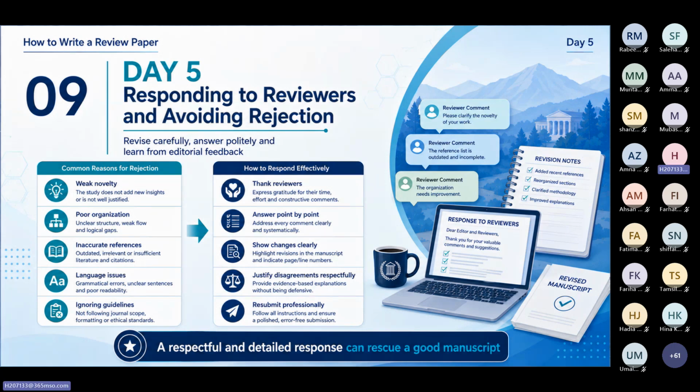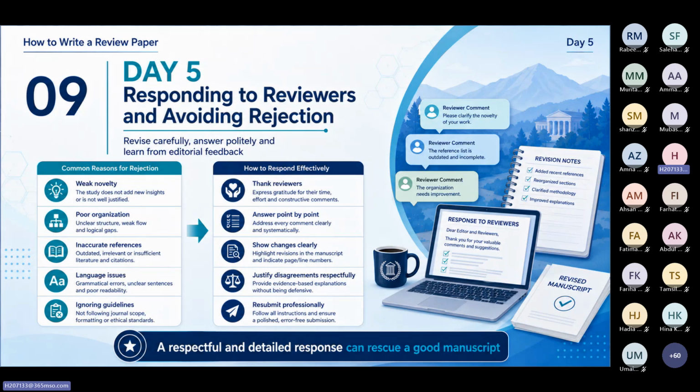Justify disagreements respectfully. It is not compulsory that the editor completely knows about your work, so if you do not agree with him, you should not disrespect him by saying that the editor does not know this and we are right. No, you should explain how he is wrong, not just tell him that he is wrong.